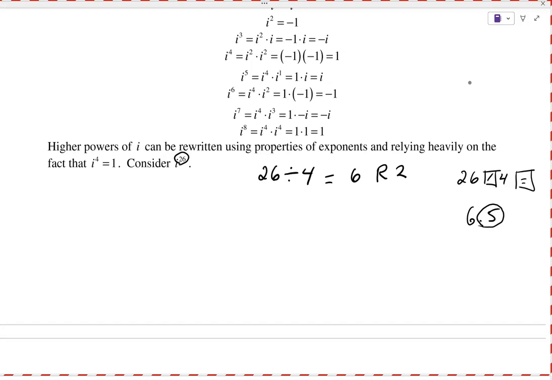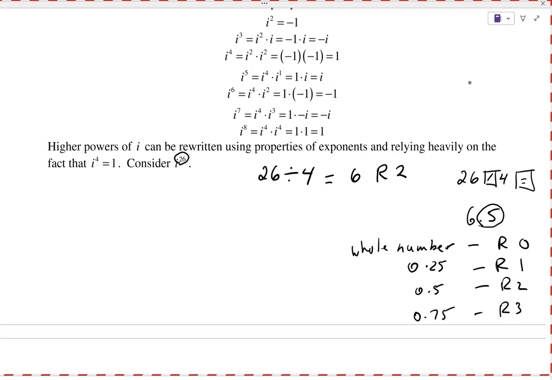Okay? So if you get a whole number, the remainder is 0. If you get 0.25, your remainder is 1. If you get 0.5, your remainder is 2. If you get 0.75, your remainder is 3.